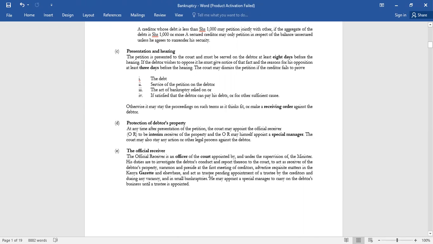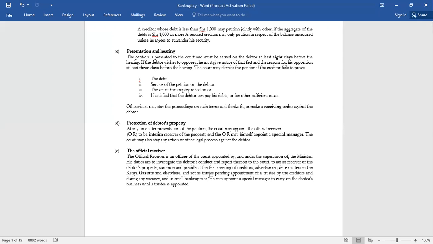hearing. So at any time after the presentation of the petition, the court may go ahead and appoint an OR. And the OR will be interim. OR is the official receiver, or someone who will be taking care of your property as the legal process takes its course.